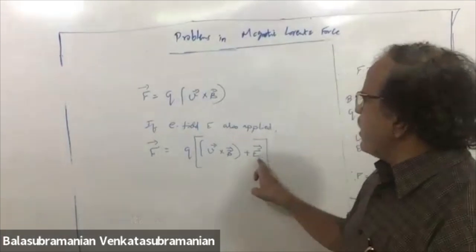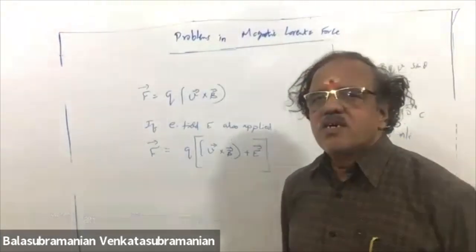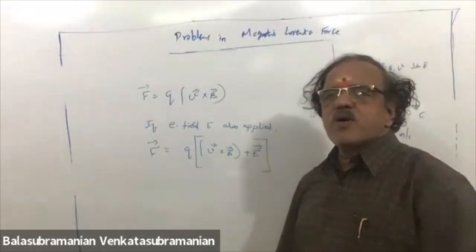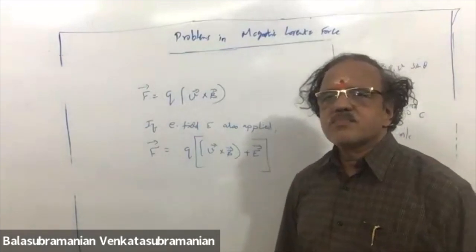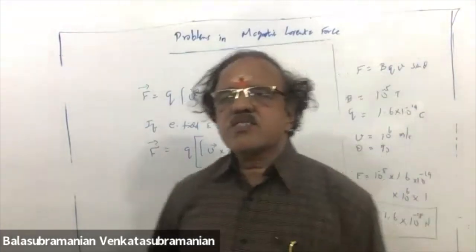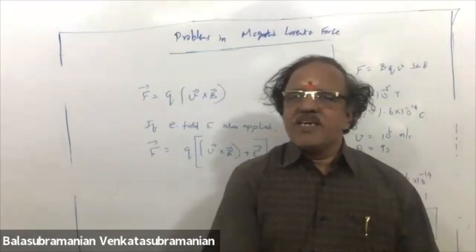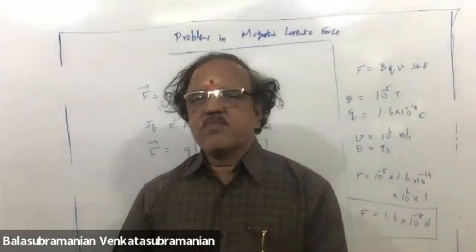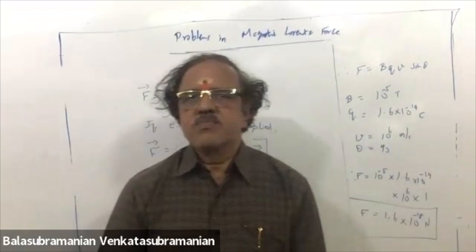So you have to take the E value also in that case. Magnetic field alone means no problem. Okay, so this is the magnetic Lorentz force. Based on that, we have done a few problems. Thank you.